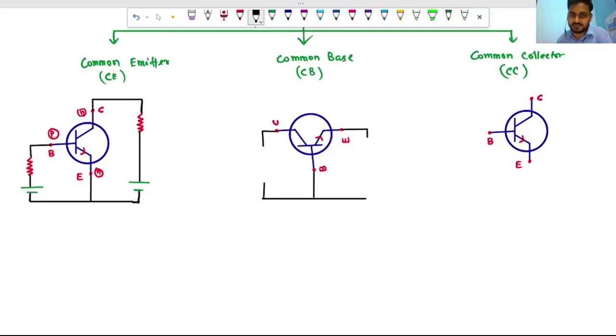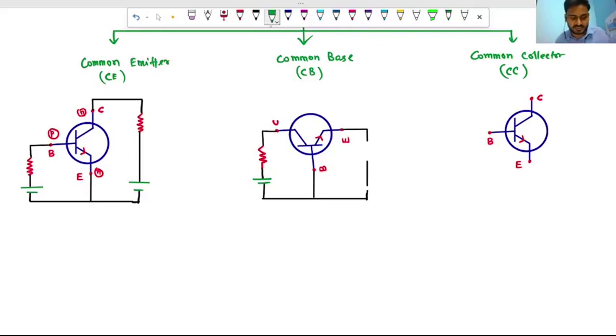Here also a resistance will be added and a battery will be added. The resistance I am going to draw in red color, then a connecting wire, and here a battery will be connected, and definitely it will be forward biased.